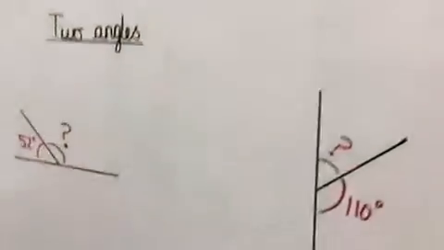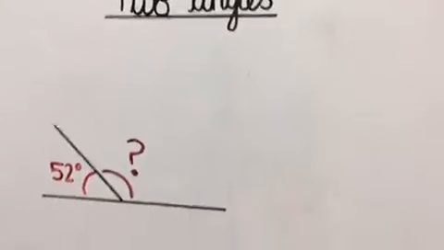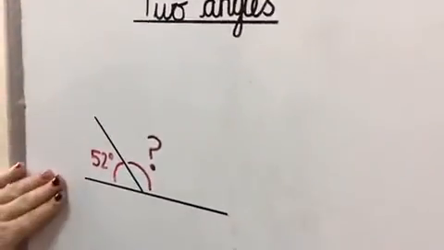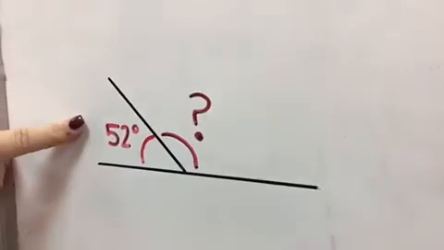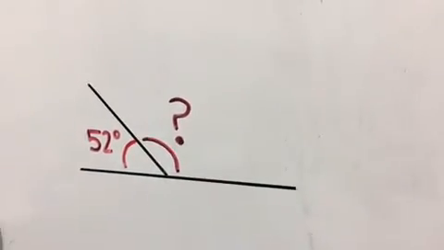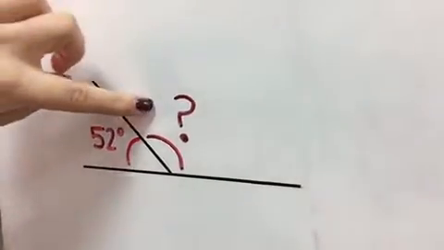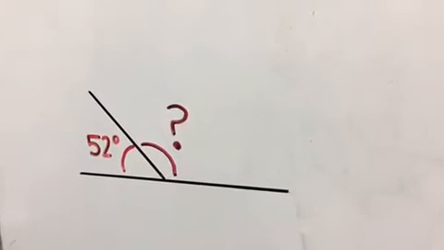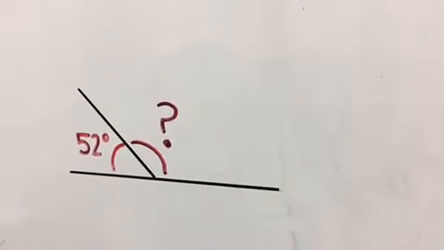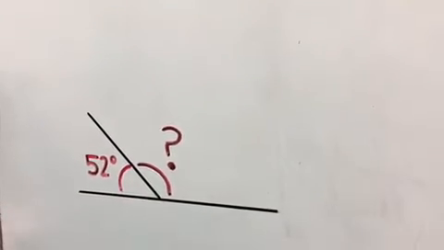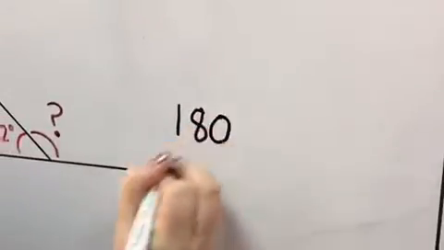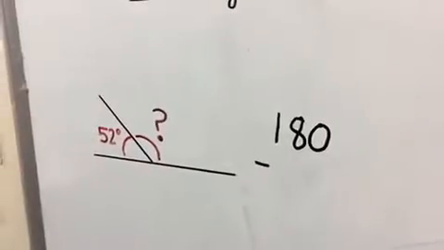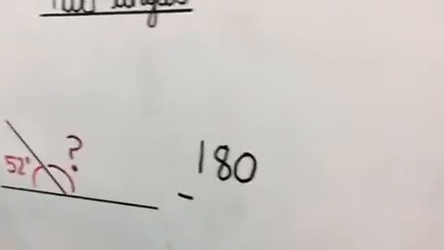So we're going to show you a few examples. We're going to start with some nice easy ones. So as you can see here, I've got a horizontal line and I've been given the angle 52 degrees. Now I know that this angle and this angle must add together to make 180. So what I'm going to do is I'm going to take 180 and I'm going to minus the angle I've been given, which is 52.